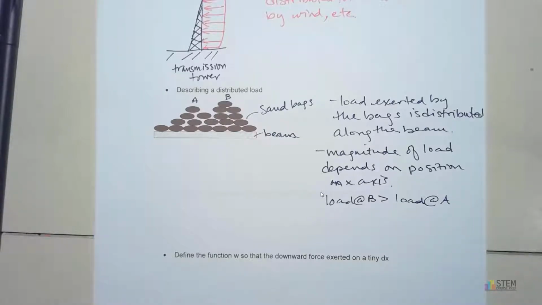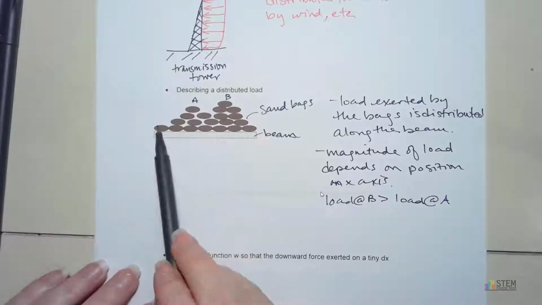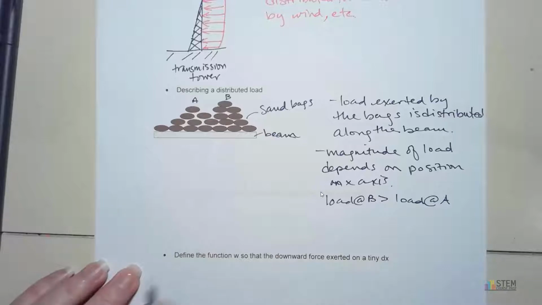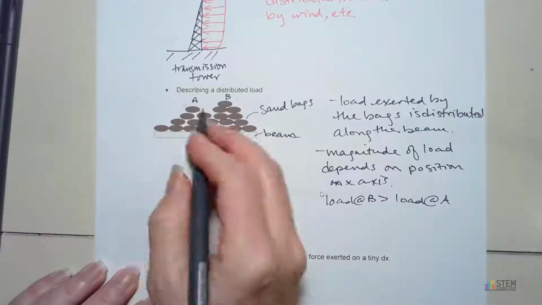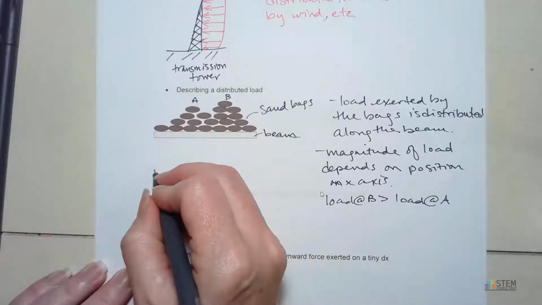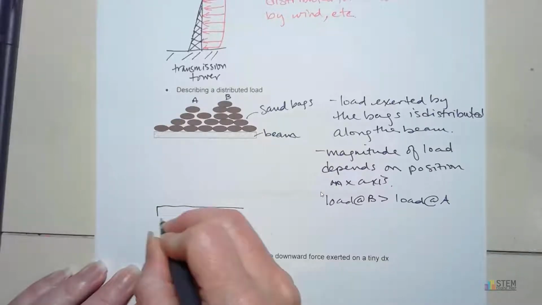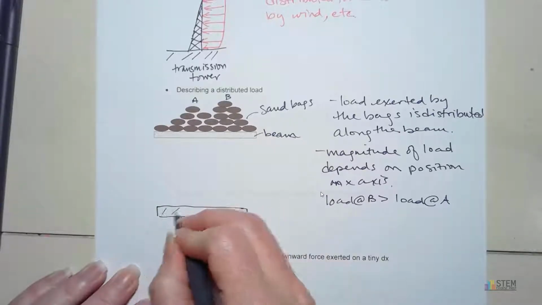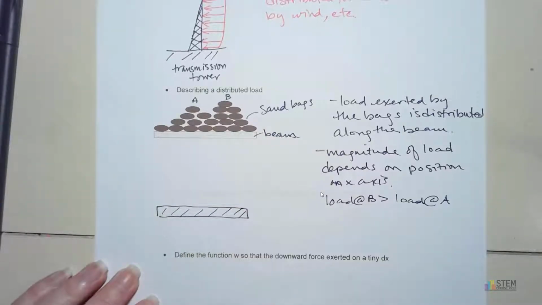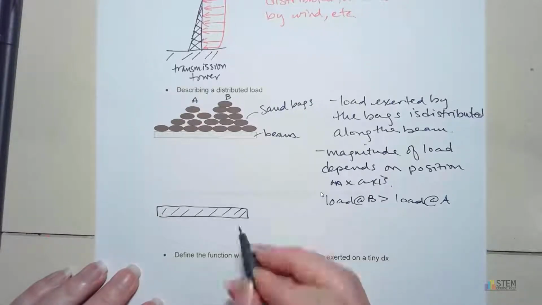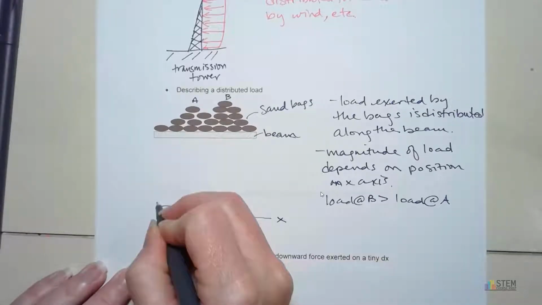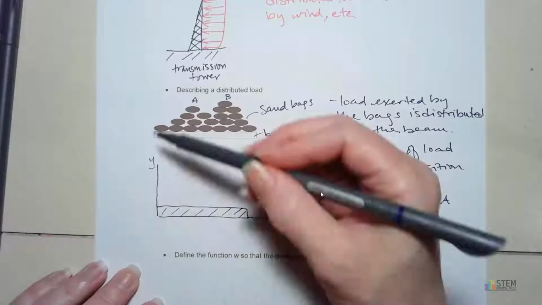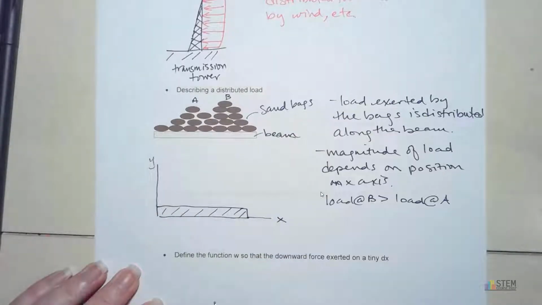Now what we're going to do is define a function. So let's draw out another version of this. Let's put our beam. Okay, so here's the beam right here. And now let's make this X, this Y. We're going to draw forces representing the loads caused by those sandbags.